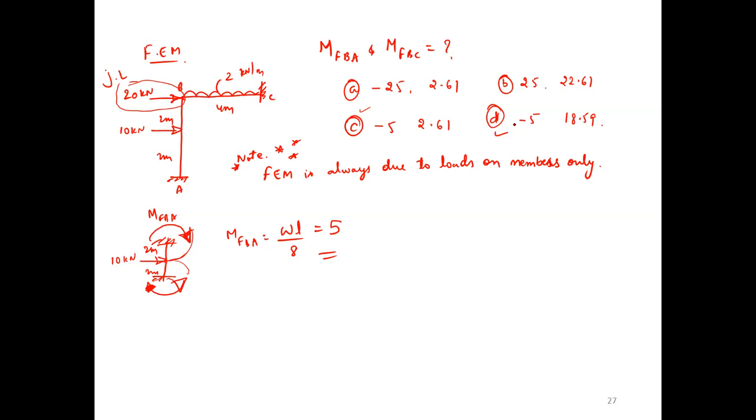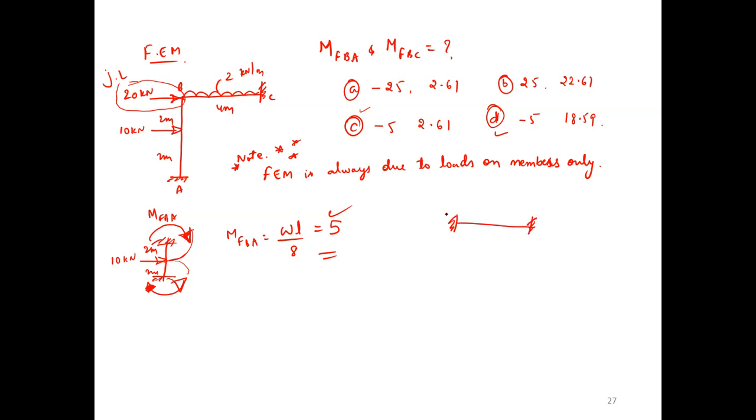We will send a query when they release the key answers, and at that time you get grace marks. If you do not attempt it, only then you get grace marks. If you attempt it, you lose the marks.